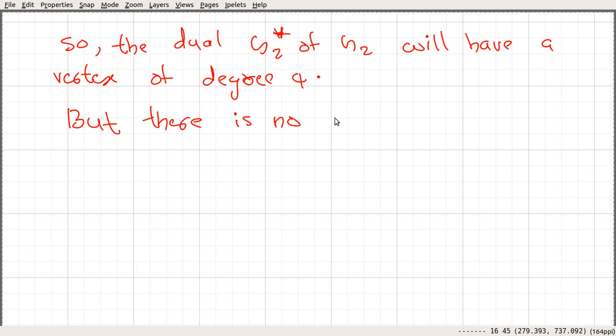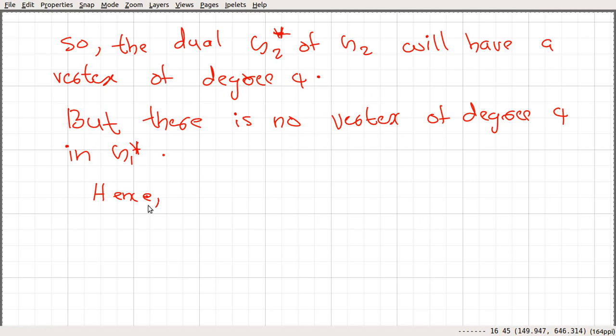There is no vertex of degree 4 in G1 star. Hence we can very easily see that G1 star is not isomorphic to G2 star. These two dual graphs are non-isomorphic.